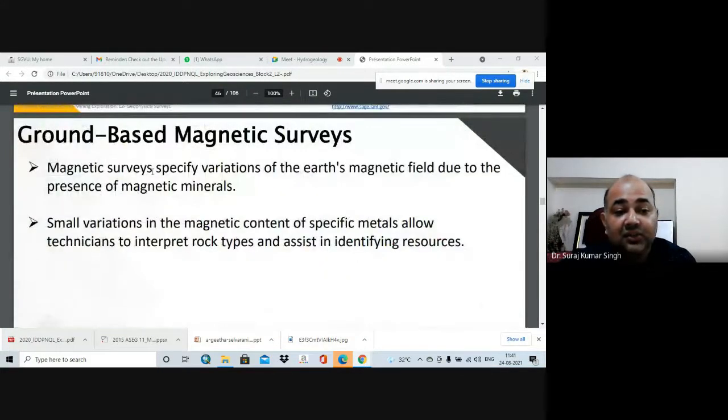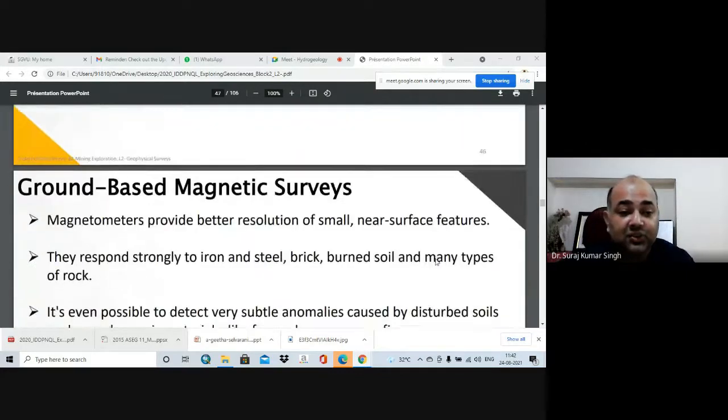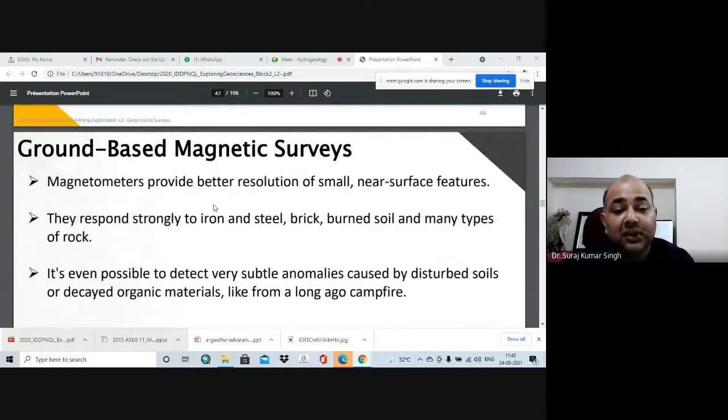And a magnetic survey specifies variations in the earth's magnetic field due to the presence of magnetic material, and small variations in the magnetic content of specific metals allow technicians to interpret the rock types and assist in identifying the various resources. Magnetometers provide better resolution of small near-surface features.